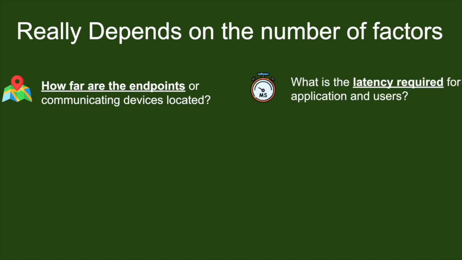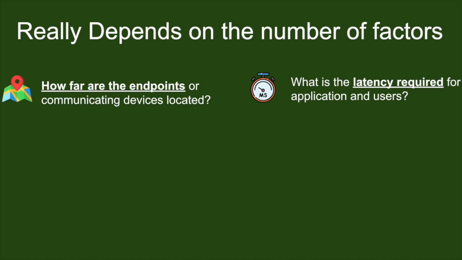Another factor is the latency required. In this case it is not the devices that are communicating. Let's say a user is trying to access an application, and an application developer develops or architects that application. At that point in time, he defines what latency is actually required.